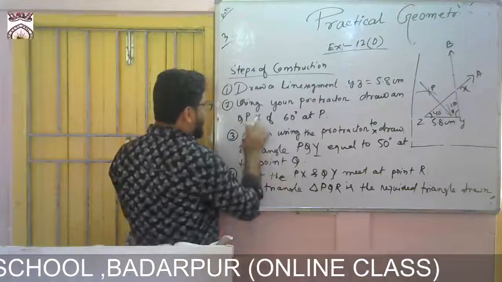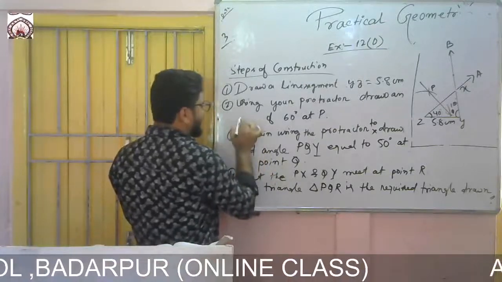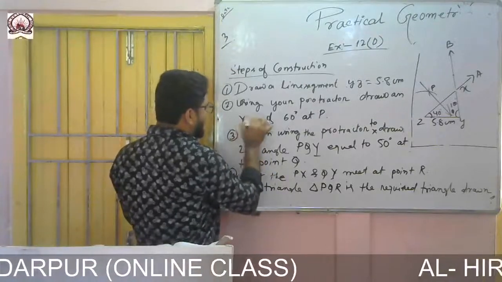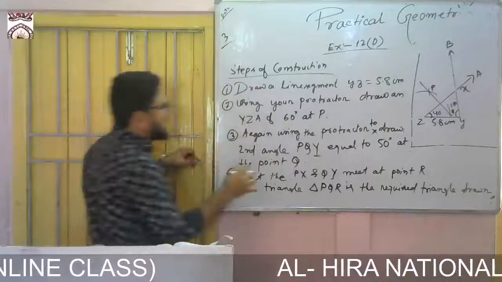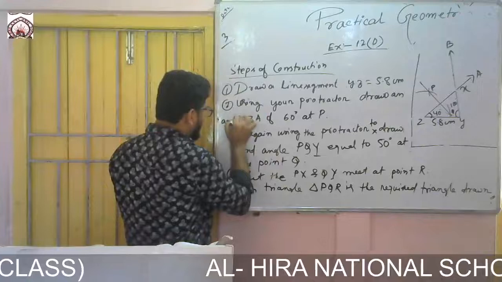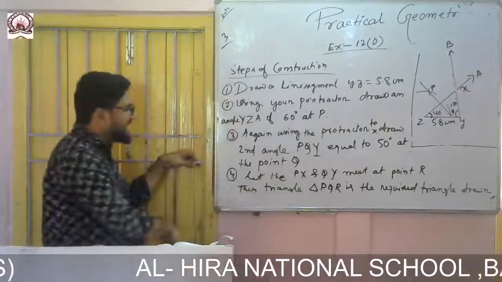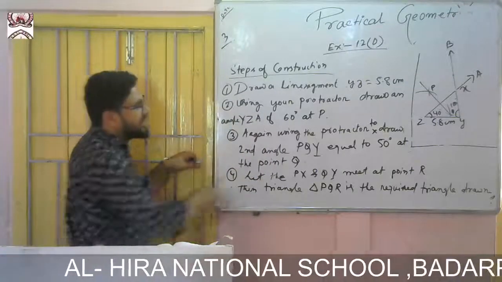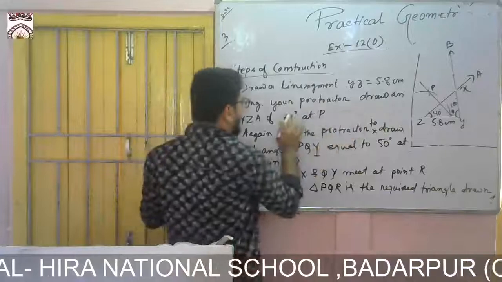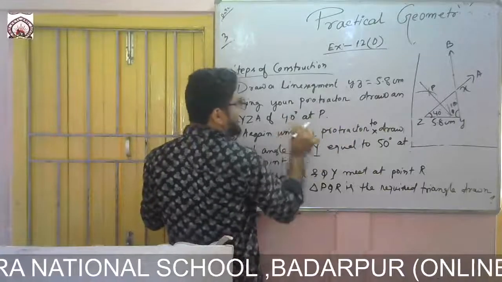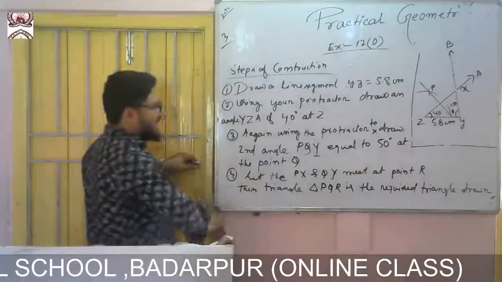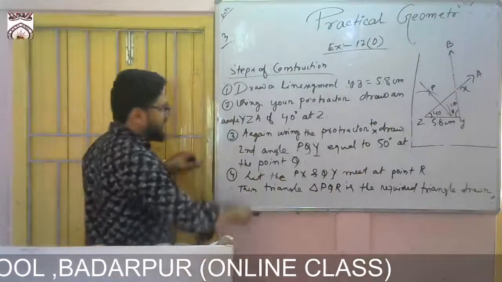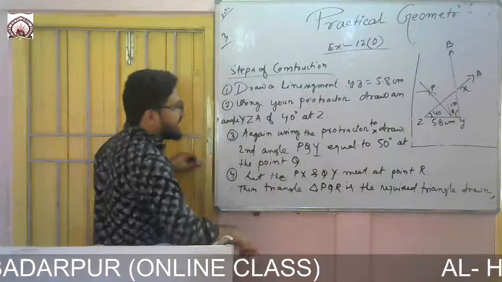Draw an angle YZA of 40 degree at Z. Again using the protractor, draw the second angle.